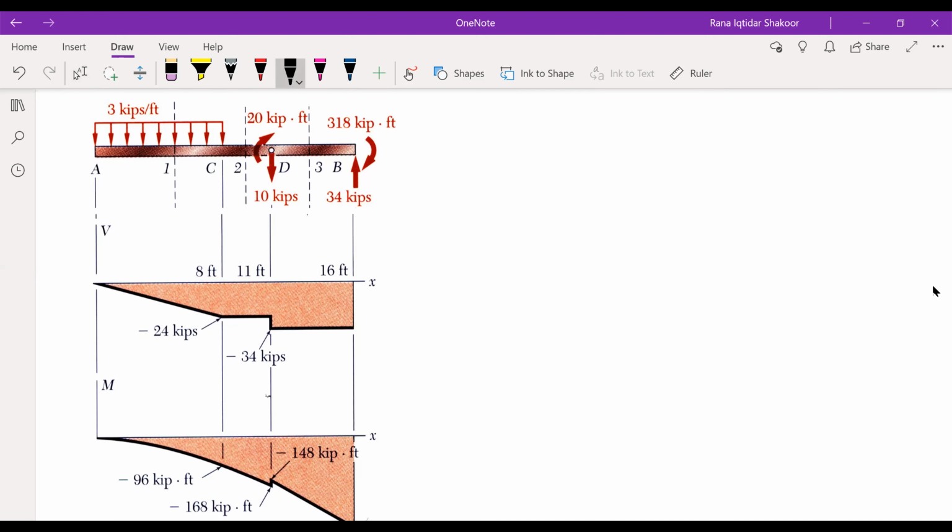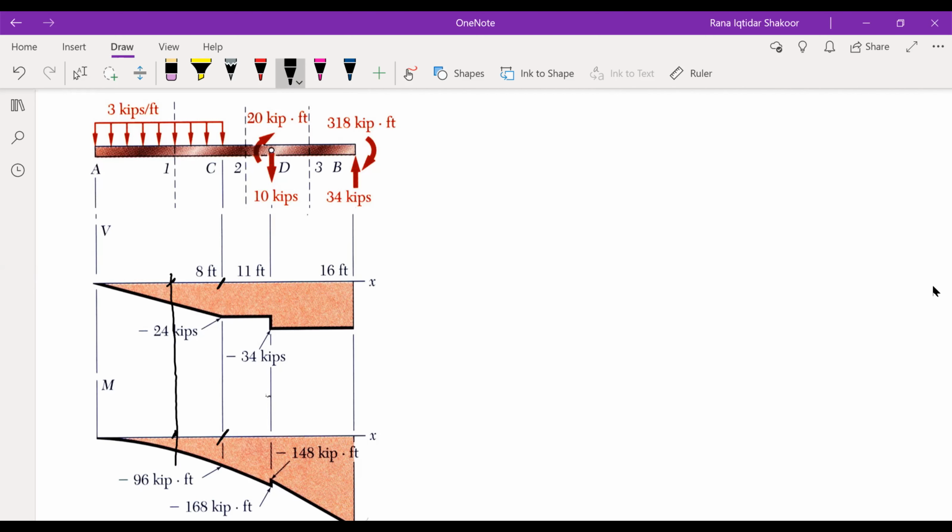From this shearing force bending moment diagram, we can calculate the shear force or the bending moment at any particular point. For example, at this point, I can calculate the moment and the shear force, by drawing a line from here to here, right?